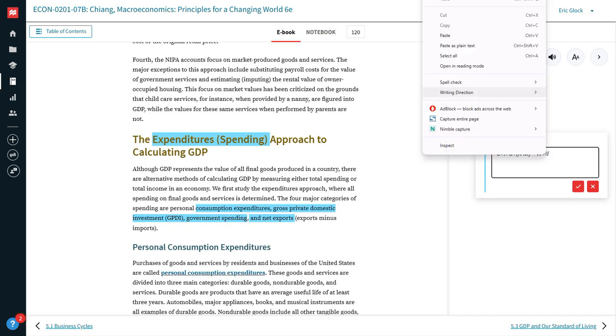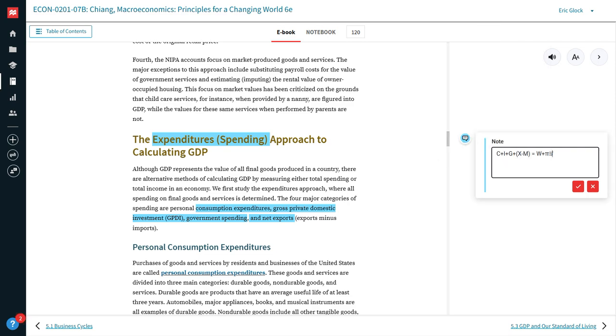Okay, so we had wages plus profit plus rent plus salary income. Okay, so we are bringing it all together.